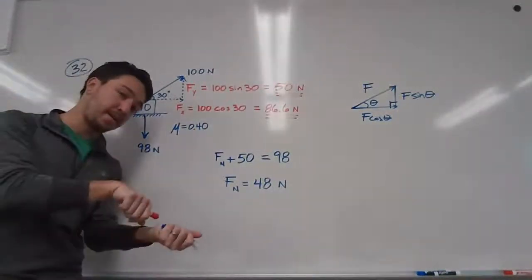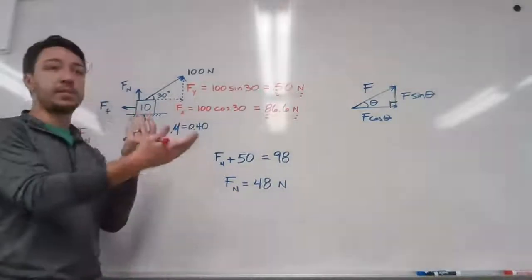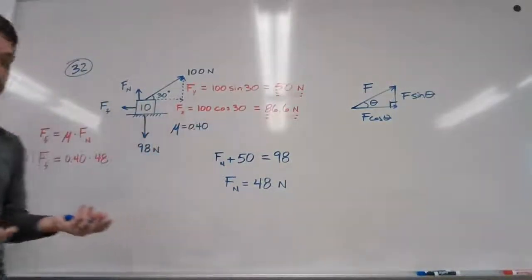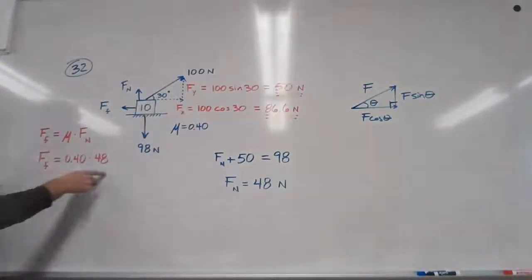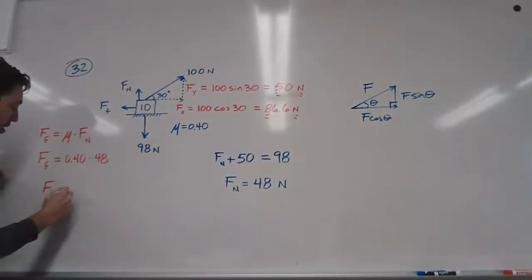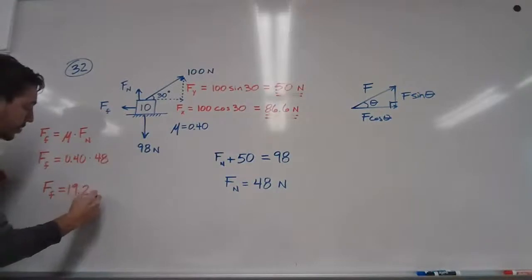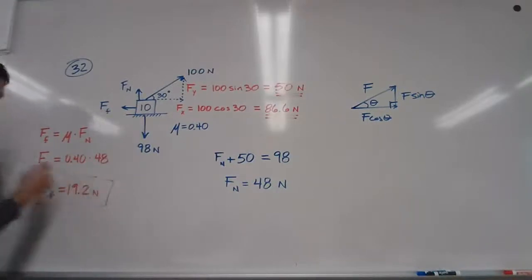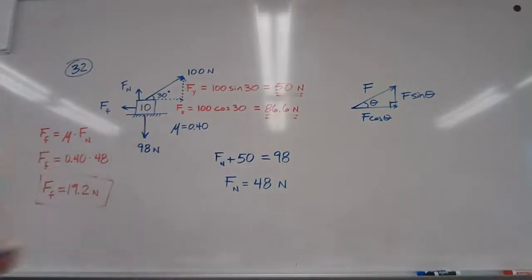Conversely, if I push down on it, it's going to increase the normal force and increase the friction. So what is this? 19.2 newtons. Very good. So that's part C.